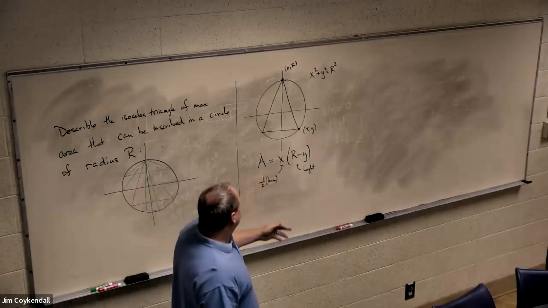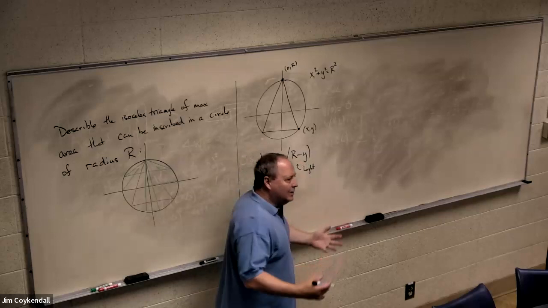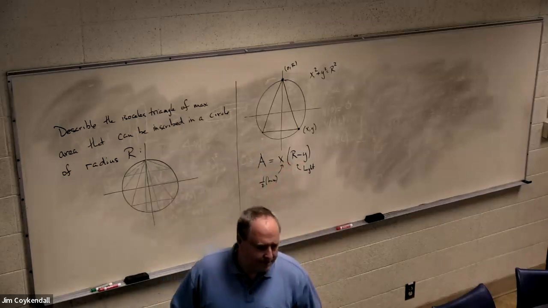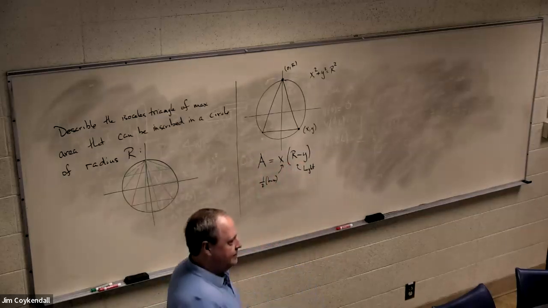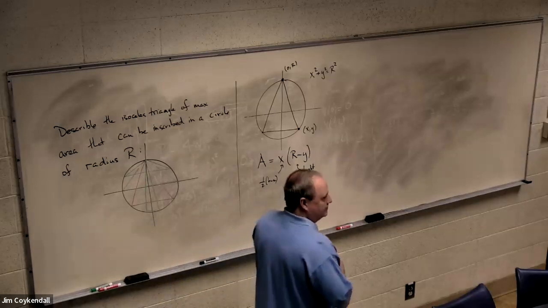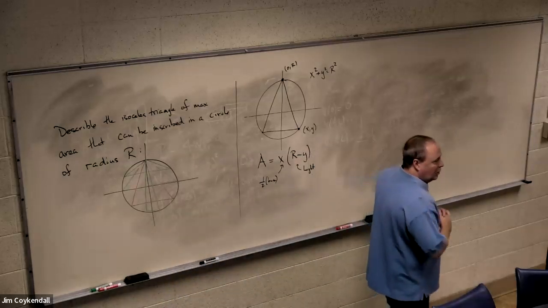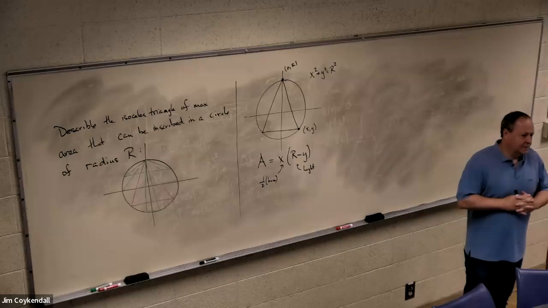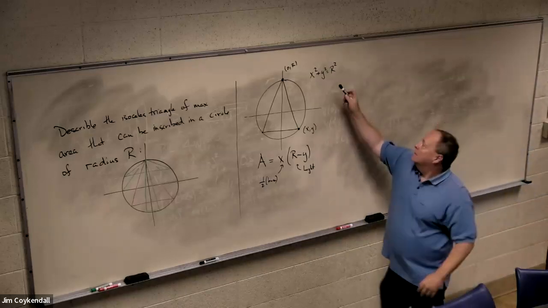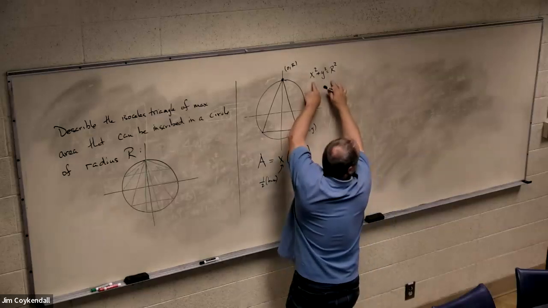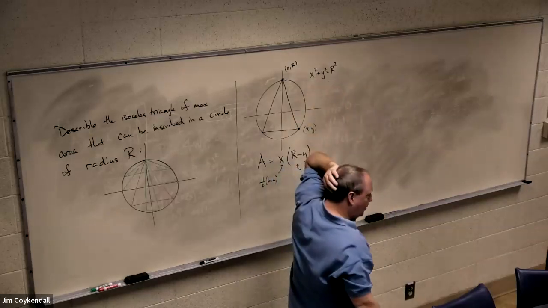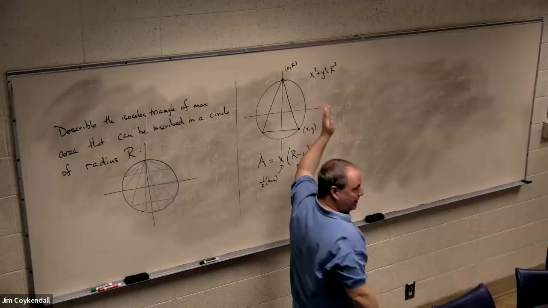Two variables is fine if there's something on the board that I can use. Exactly. So this is an equation that relates x and y, so I can get rid of one variable.